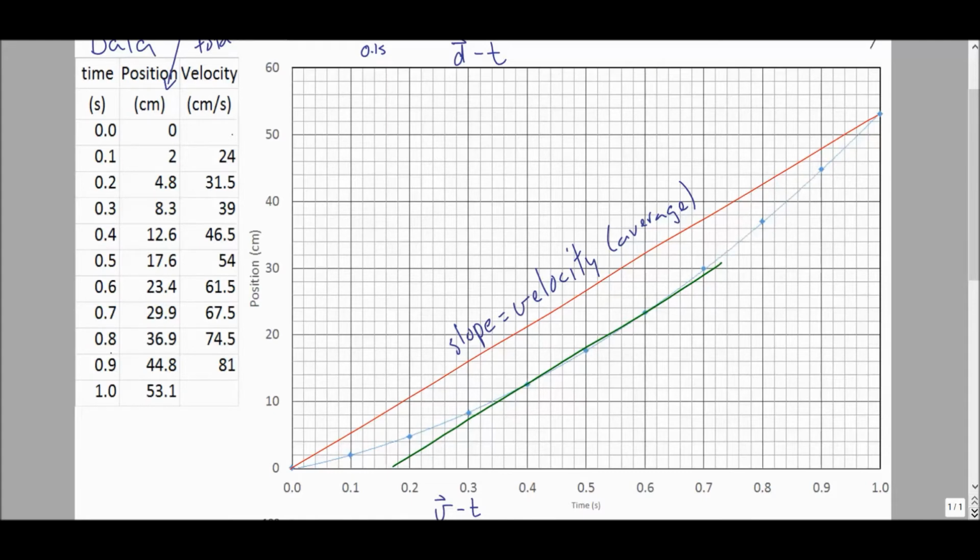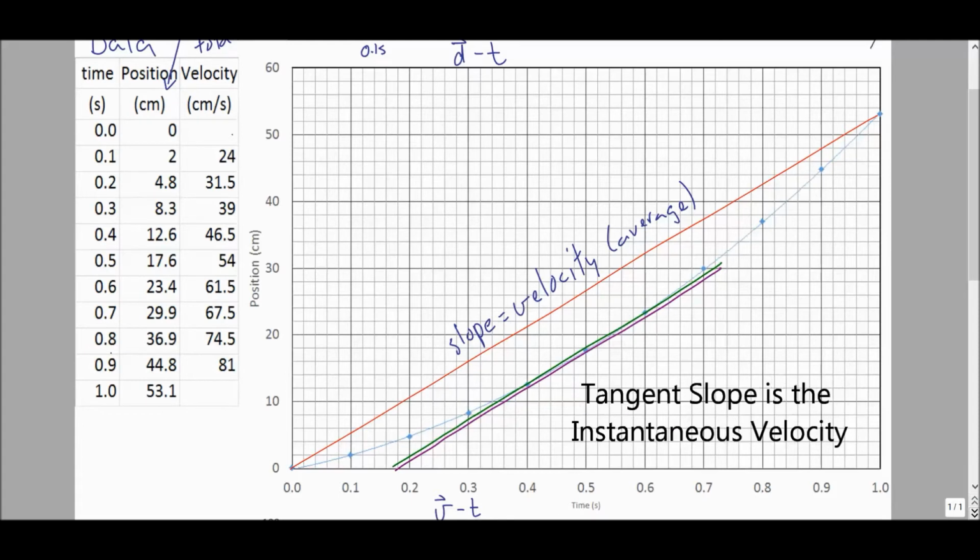Now if we keep taking the straight line segment and moving it down until it touches the graph at exactly the 0.5 second mark, and only the 0.5 second mark, the same slope as the two we've drawn above forms a tangent to the curve and has the same slope as the curve exhibits at exactly 0.5 seconds. The velocity described by this tangent is referred to as the instantaneous velocity, the velocity of the object at the instant where the straight line intersects with the curve.